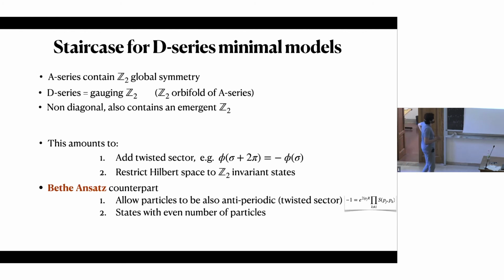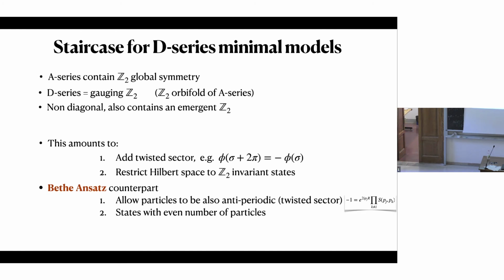At the level of the Bethe ansatz, we can have a counterpart of these things. Adding a twisted sector is just considering particles to be antiperiodic. So instead of having 1 in the standard Bethe equations, which are periodic, you put a -1. Then restricting the Hilbert space to Z2 invariant states means considering an even number of particles.